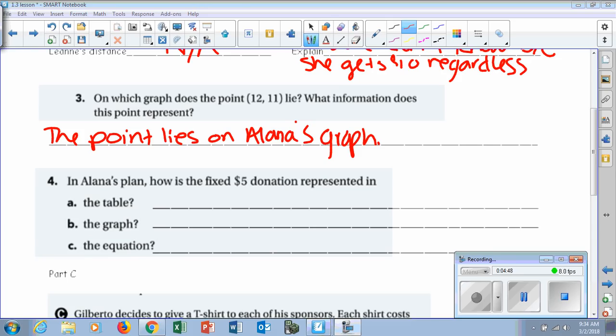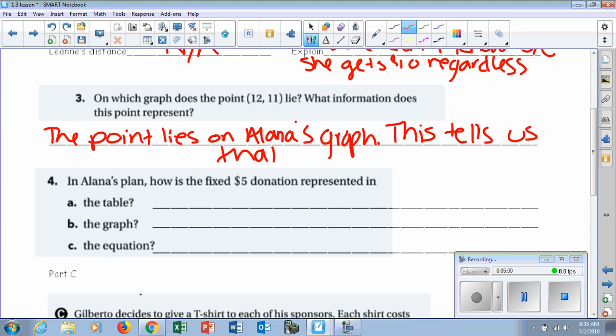Okay, so Joey, based on what you told us, I can state that this tells us that if she walks 12 kilometers, she'll earn $11.